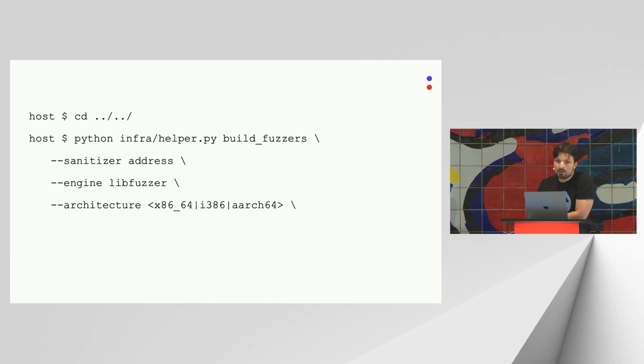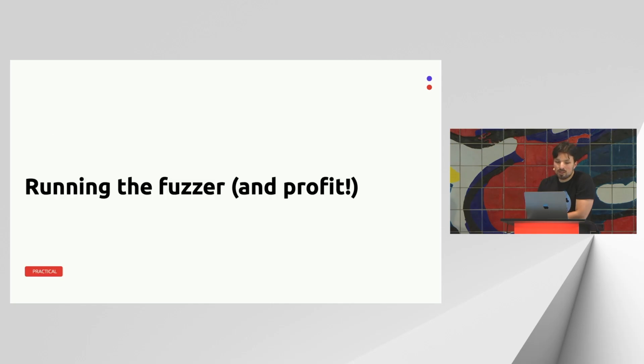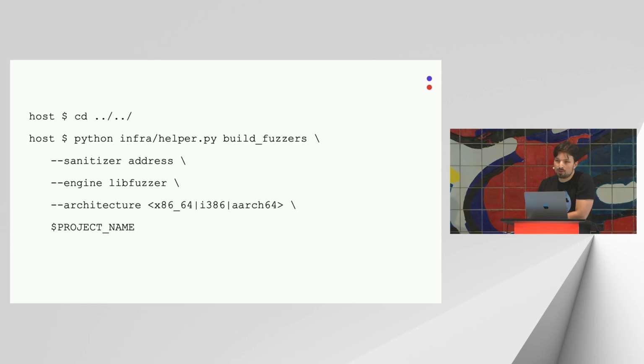We are setting the architecture, and this depends solely on your system. OSS-Fuzz currently supports these three architectures, so please choose wisely what suits you. And after that, we are setting the project name, which we already have stored inside the environment variable.